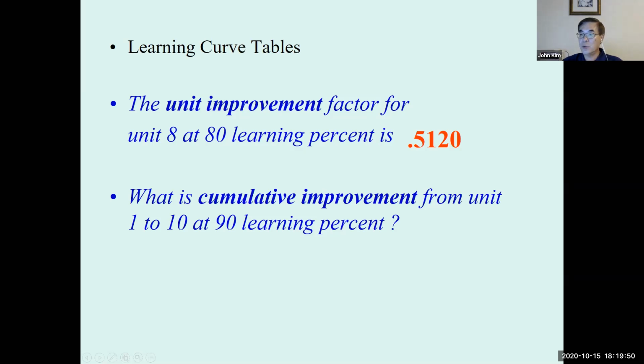What is the cumulative improvement from unit 1 to 10 at 90 learning percentage? Unit improvement factor and cumulative improvement factor.